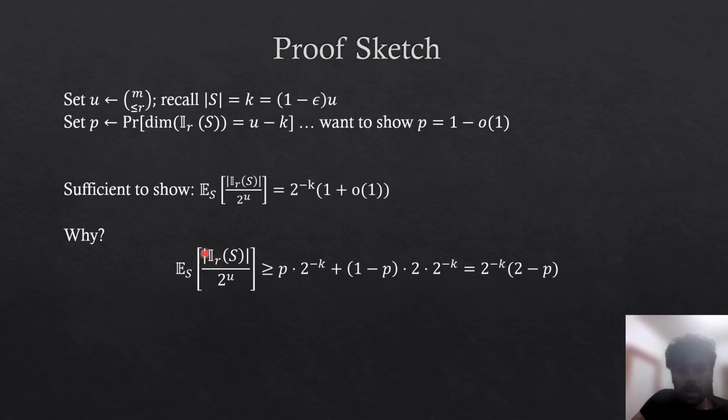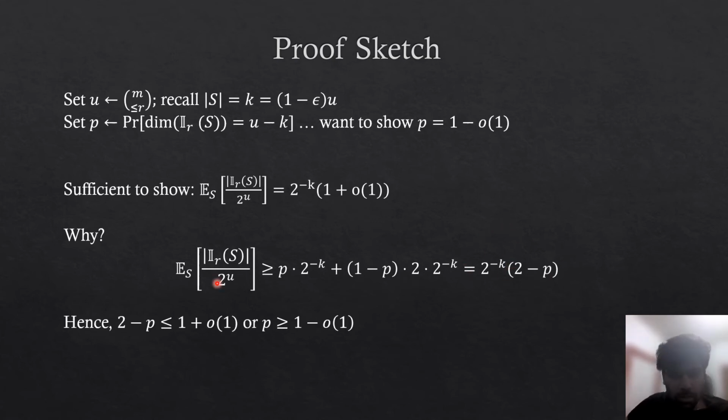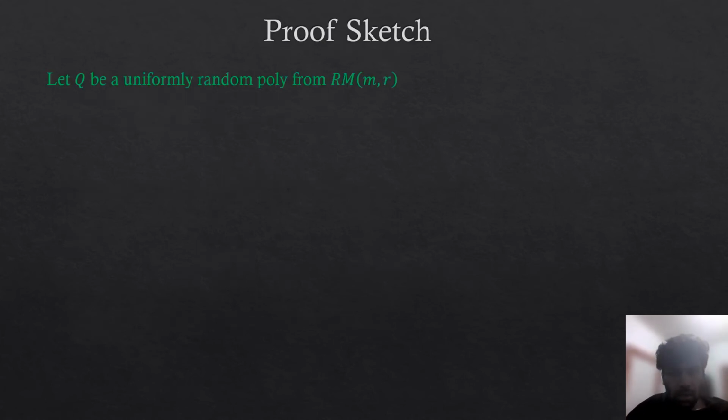Because after all, IRS is a vector space, so if its dimension is not u minus k, it is u minus k plus 1, and hence its size grows by a factor of 2, which gives us this expression here. And now if you just manipulate it a little bit, you realize that for the above quantity to be true, you need p to be very close to 1, right?